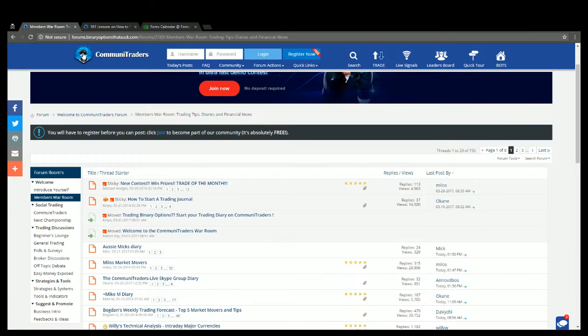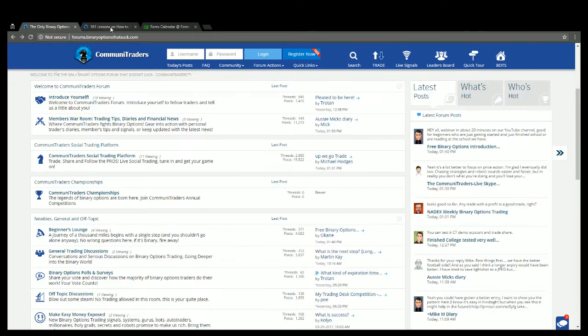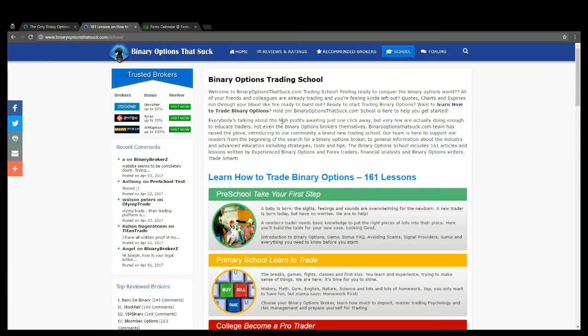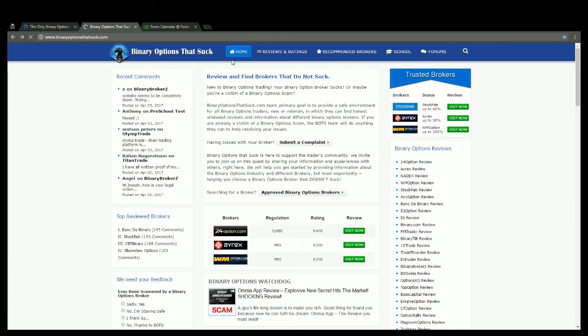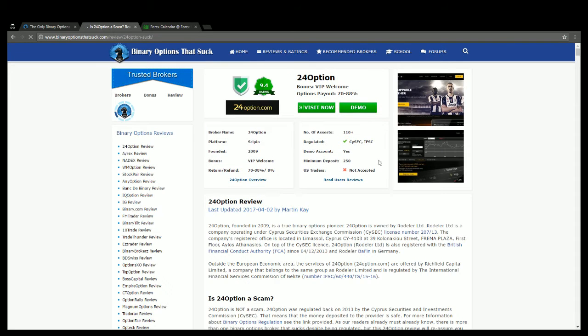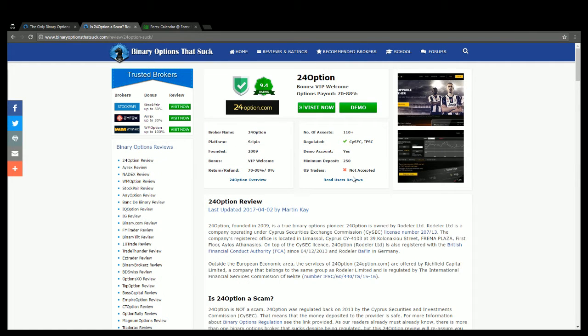We get that in our forum every day about prices, because all brokers come with different platforms. For example, 24 Option has a unique platform.